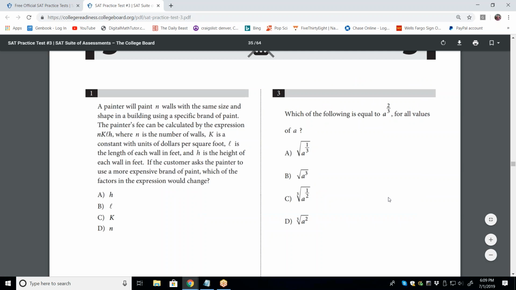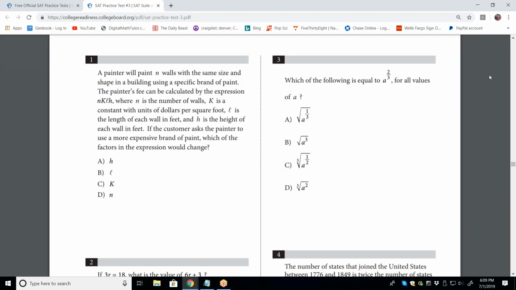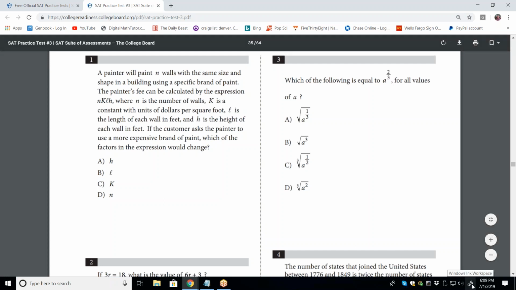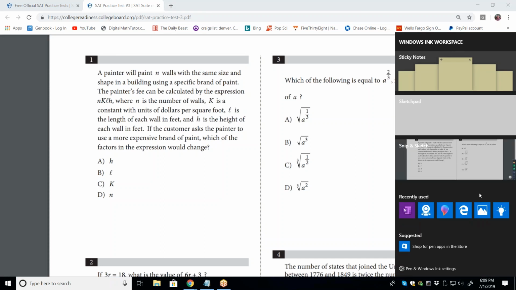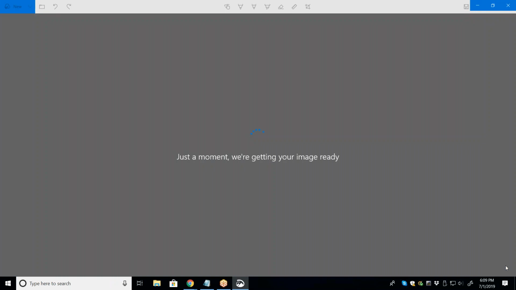Okay, number 3 is really just about nomenclature. In other words, do you know what a to the 2/3 means? Now look at the answers and take a guess. Hold on.